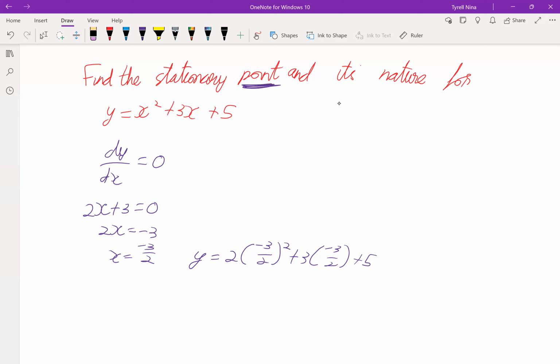Don't plug it into dy dx, plug it into y, because a point has an x and y value, right? So we'll have, this is what? 2 by 9 over 4, 9 over 2, minus 9 over 2 plus 5, which is 5. So our stationary point is minus 3 over 2, 5.